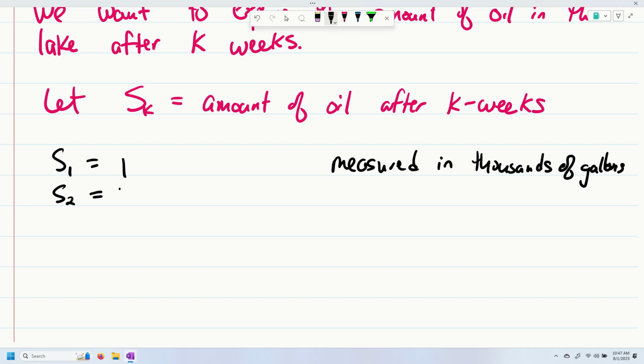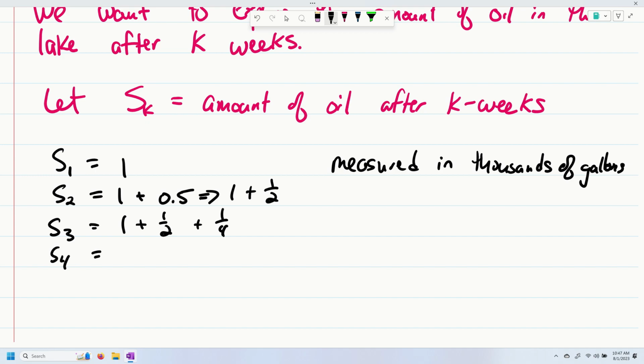Week 2, you have the initial plus half of that. Week 3, you have what you had before plus a fourth. Week 4, and I think you can see where this is going now.